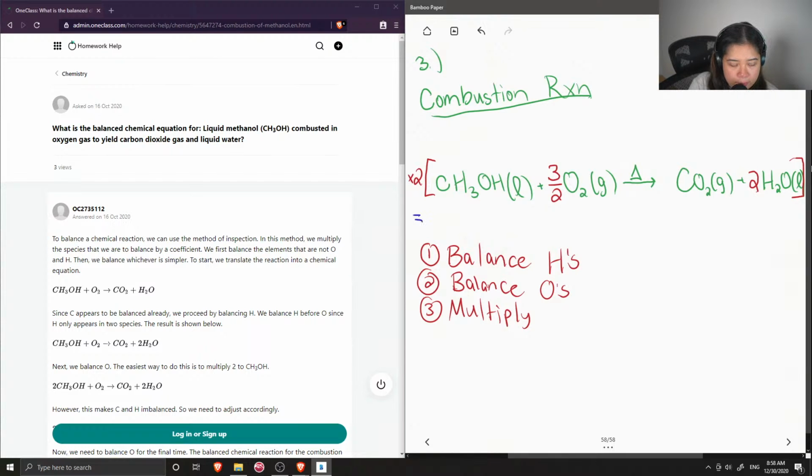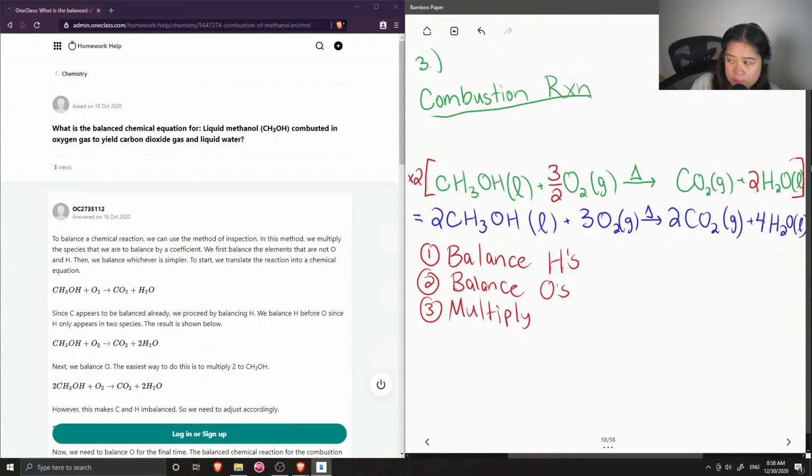And then our new balanced equation is 2 methanol plus 3 oxygens makes 2 CO2 gas plus 4 H2O liquid.